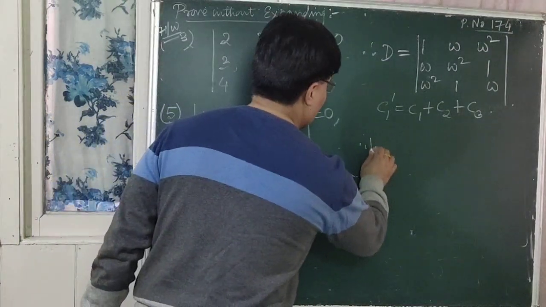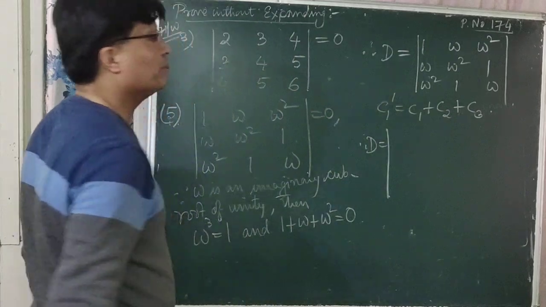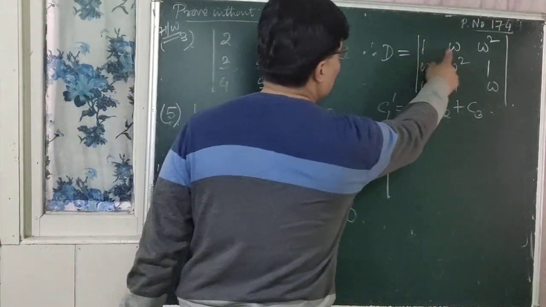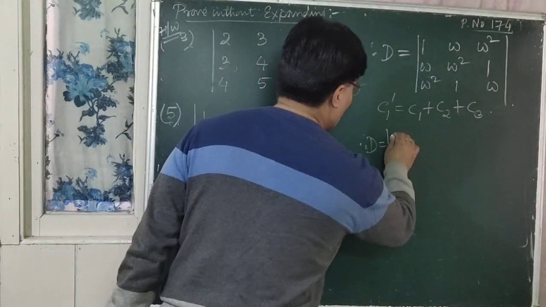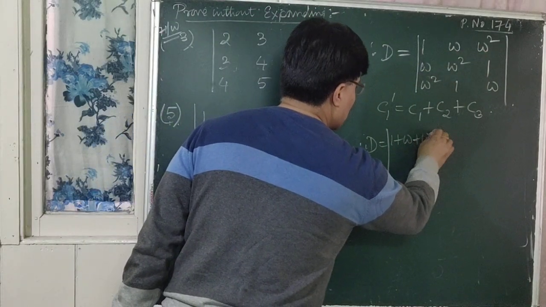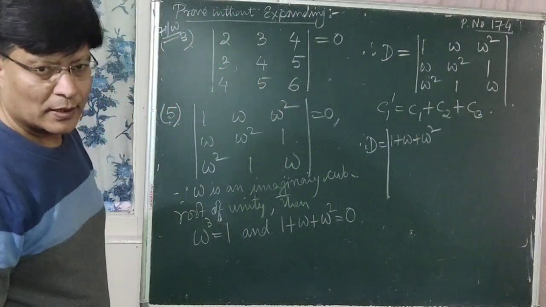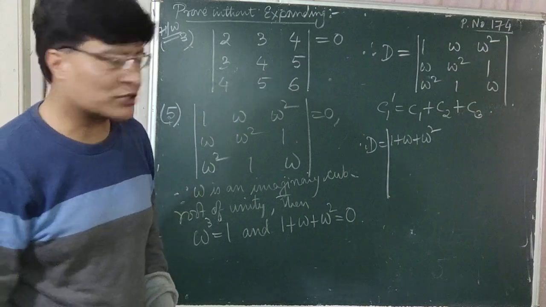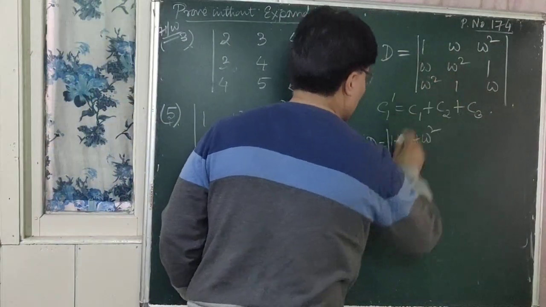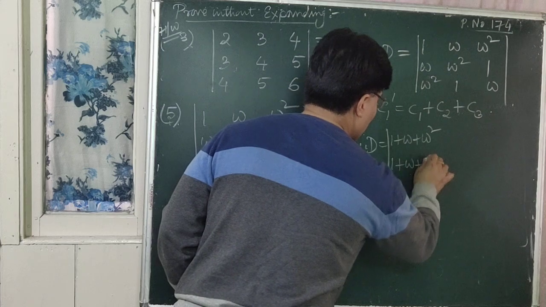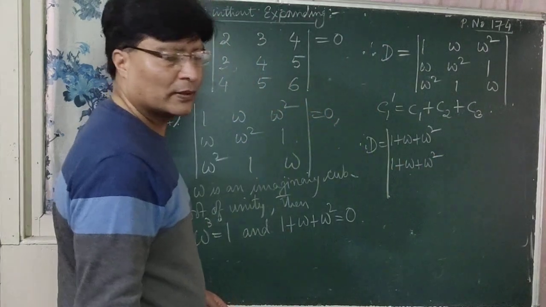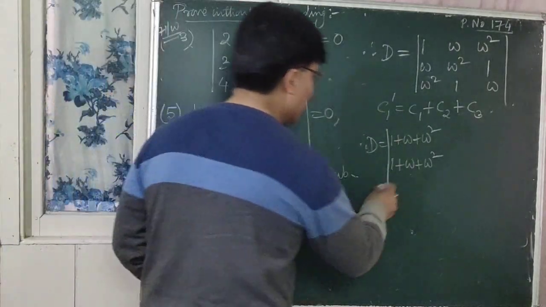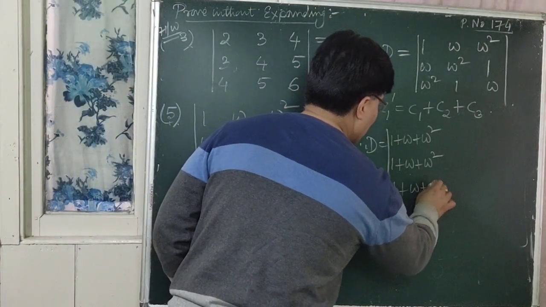So therefore D is equal to, now what will be the new first column? 1 plus omega square. Now what will be the second element of the new first column? 1 plus omega square. Here also the third element of the first column will be 1 plus omega square.